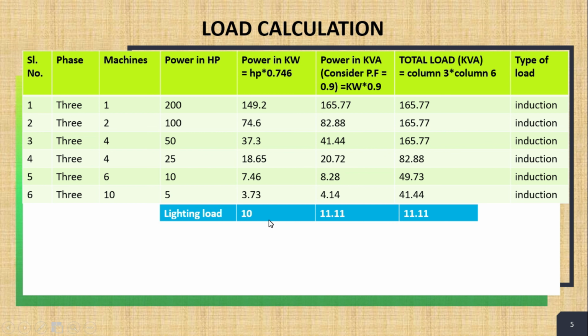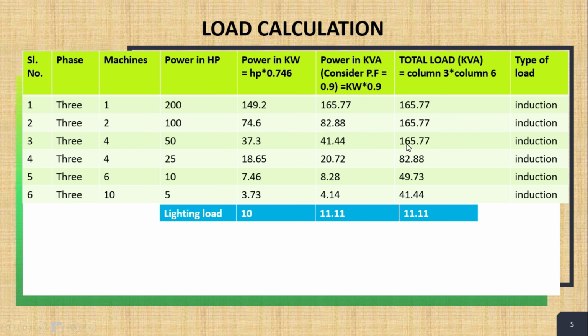You can see on the screen all the loads are listed in the chart. The third column shows the number of machines that we are using, and the fourth column shows the capacity of the machine, the power in HP, and the fifth column shows the power in kW, and the sixth column shows the power in kVA, and the seventh column shows the total load in kVA.